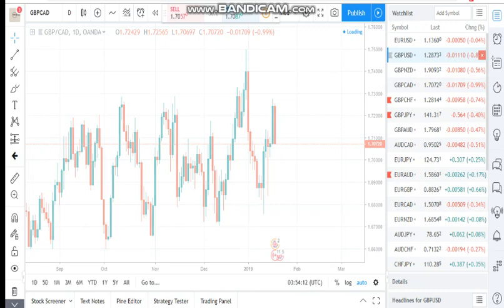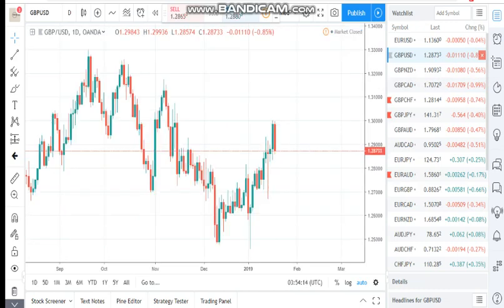So if we look at GBP USD, what we are seeing there is we want to focus on the last daily candlesticks. On Thursday we had an engulfing candlestick up, and on Friday a bearish candlestick.